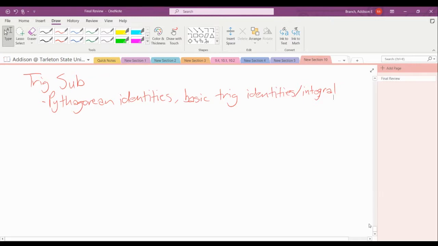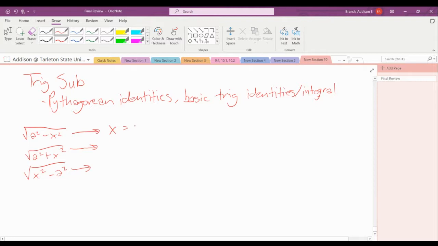So remember, this one usually has specific formats. You're going to have either a squared minus x squared, a squared plus x squared, or x squared minus a squared. And remember, these all have a specific identity that they correspond to.